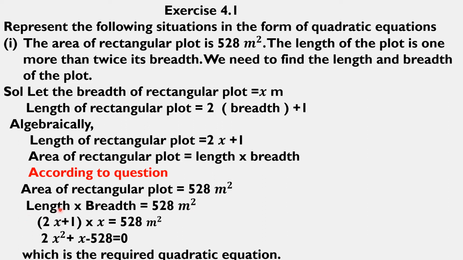The length, as we have found above, is 2x plus 1, and the breadth of the rectangular plot is x, so we write (2x plus 1) times x equals 528 meters square. Now on solving, we get 2x square plus x minus 528 equals 0, which is the required quadratic equation. So here we have transformed the above situation into the form of a quadratic equation.